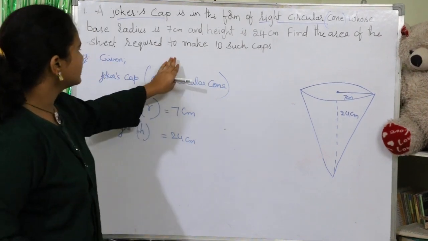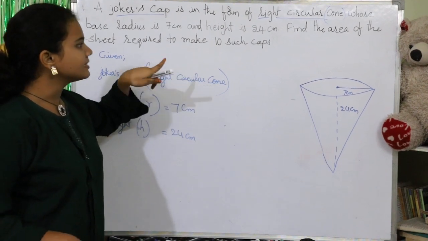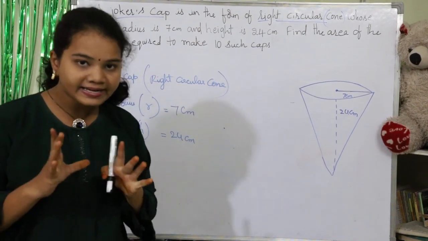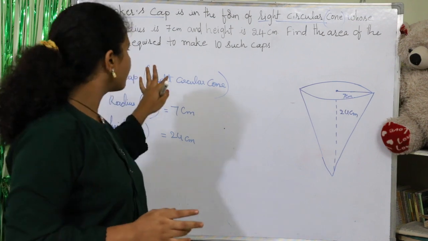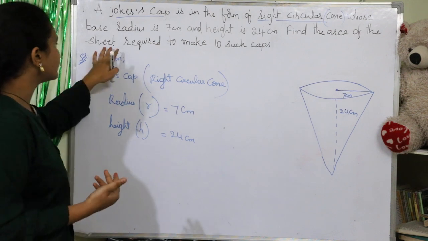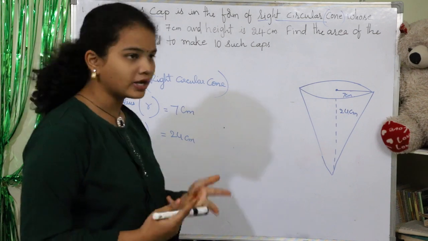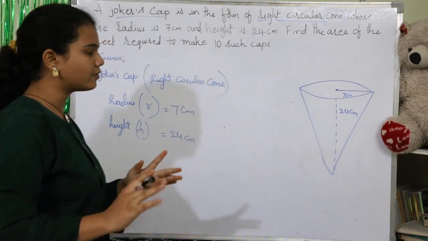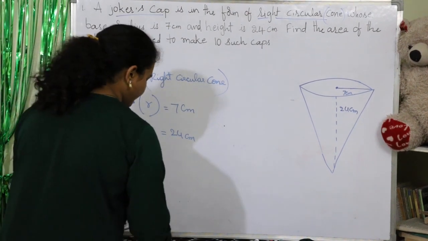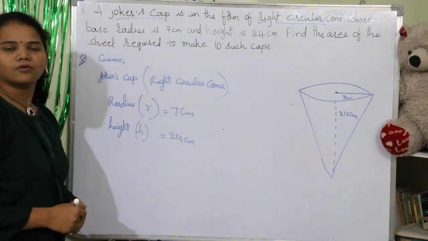So what we need to find is the area of the sheet required to make 10 such caps. To make 10 caps, how much sheet do we require? First let's find the sheet required to make one cap. To find this we can use the curved surface area of a cone.